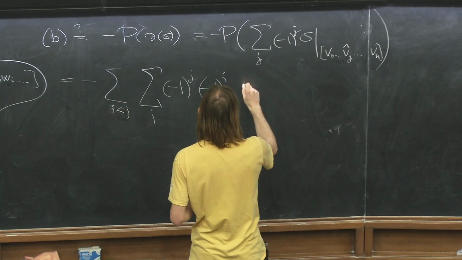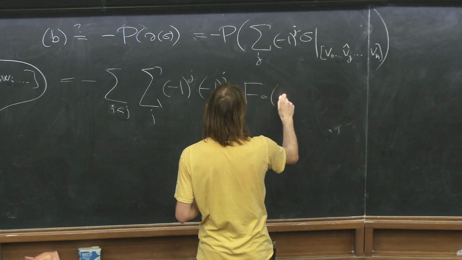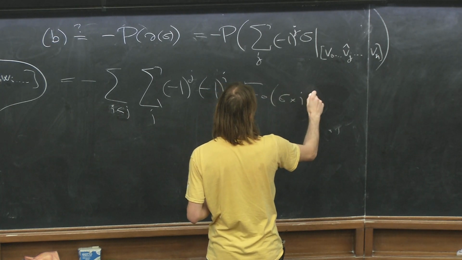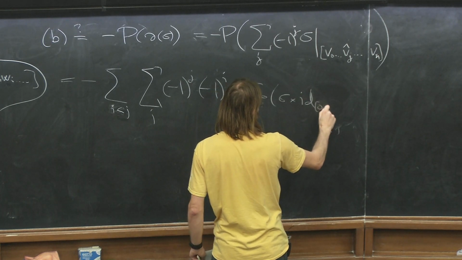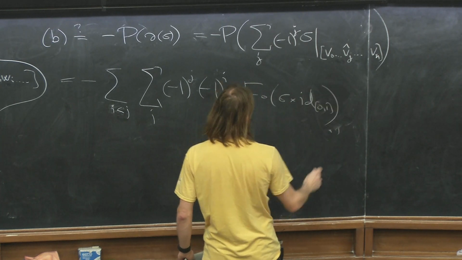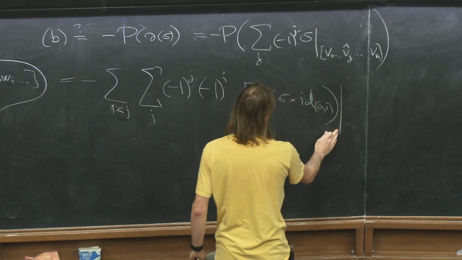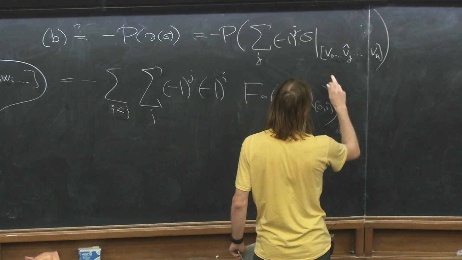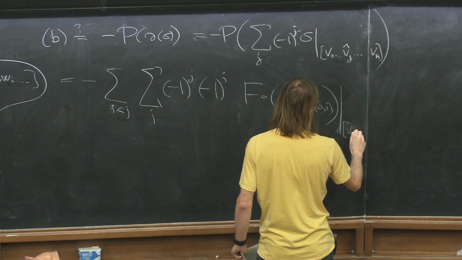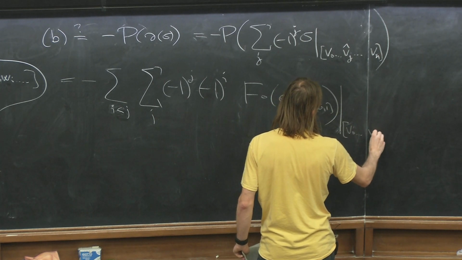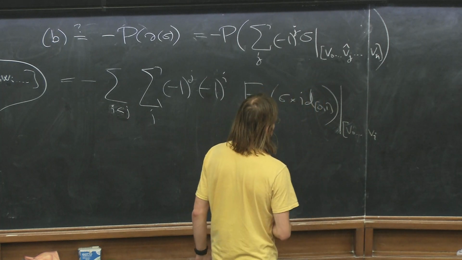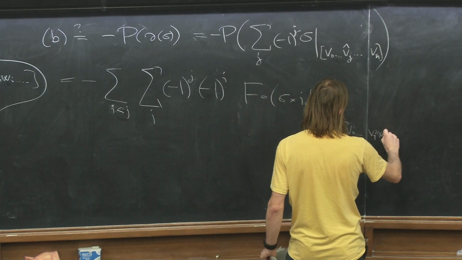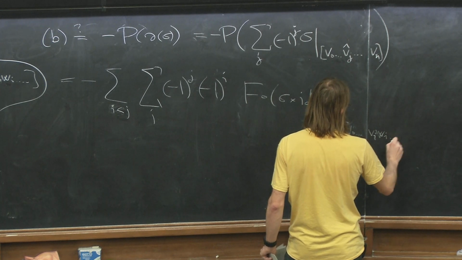And then when we apply the prism operator, we do this composition of F with sigma times identity. And here we go till Vi, then we continue with Wi.